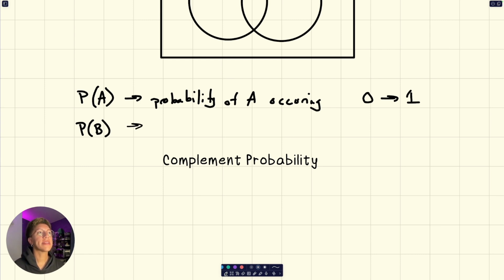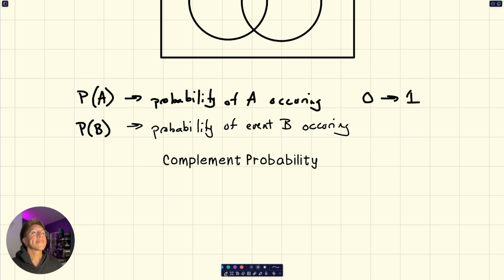Okay, so let's fill this in as well. Probability B is the probability of event B occurring. Complement probability is the complement, so it's what is the pairing to what doesn't happen. So what we can say is that if probability of A is given like this, the complement of A is not A, or A not happening.